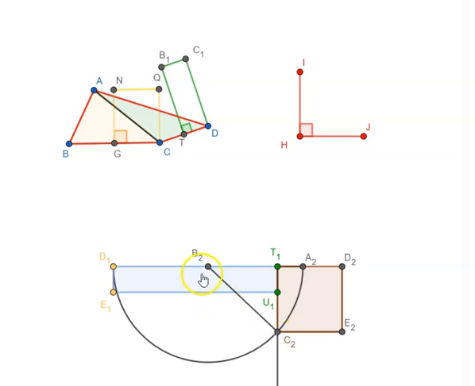But what is the significance of this B2 C2? This is the hypotenuse of the triangle B2 T1 C2. So B2 C2 square is equal to B2 T1 square plus T1 C2 square. So our equality will become D1 T1 times T1 A2 plus B2 T1 square is equal to B2 T1 square plus T1 C2 square.